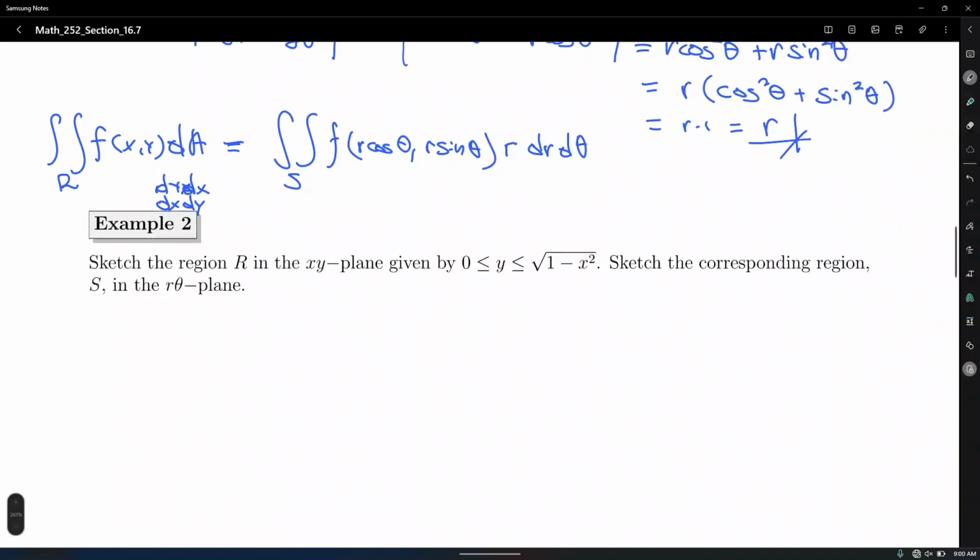So number 1, what does that represent? Semicircle, which one? The upper or the lower? The upper. Is it the entire upper semicircle? No, which part?